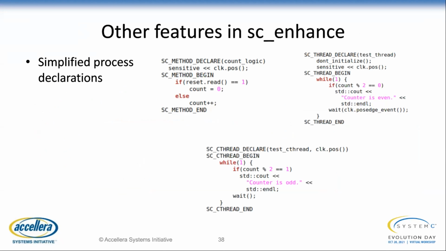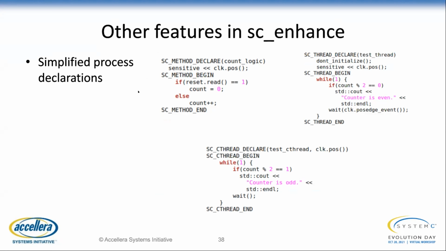Now I'm going to talk a bit about other features that I've added in SC Enhance, and one of them is simplified process declaration. So right now in SystemC, if you want to declare an SC method or an SC thread, you first have to declare a method, function inside the SC module, and then in the constructor you have to register it as an SC method, and also in the constructor you have to define the sensitivity lists if you need one.